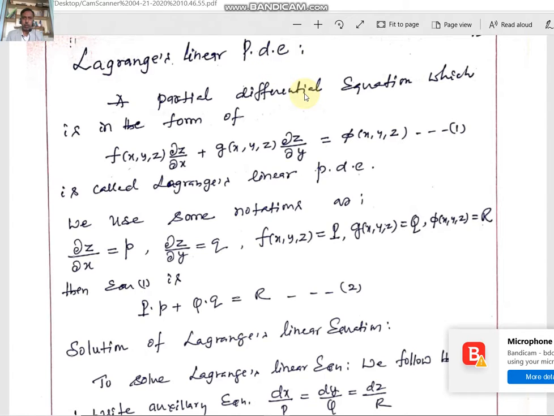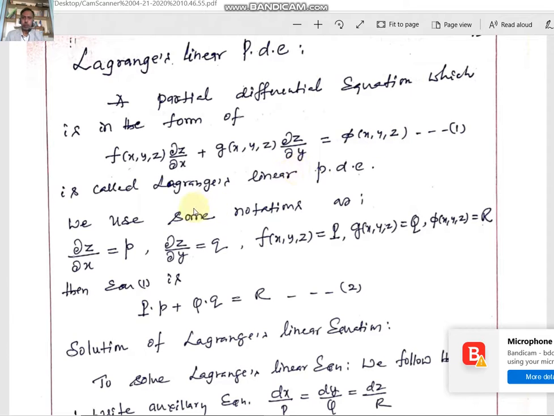It is in the form of a function of x, y, z called f(x,y,z) into dou z by dou x plus a function g(x,y,z) into dou z by dou y is equal to another function of x, y, z. So we have three functions here involving variables x, y, z, f, g, and the right hand side is also a function of x, y, z.